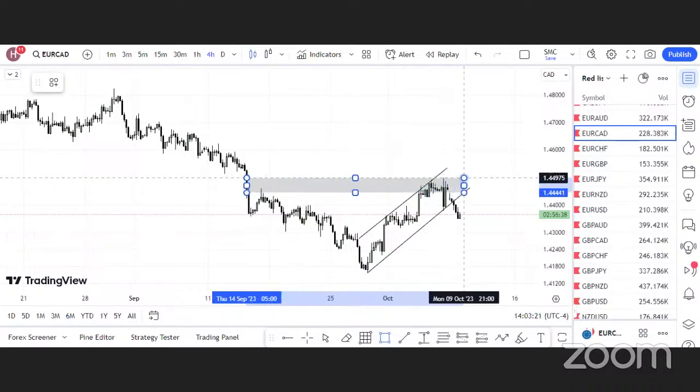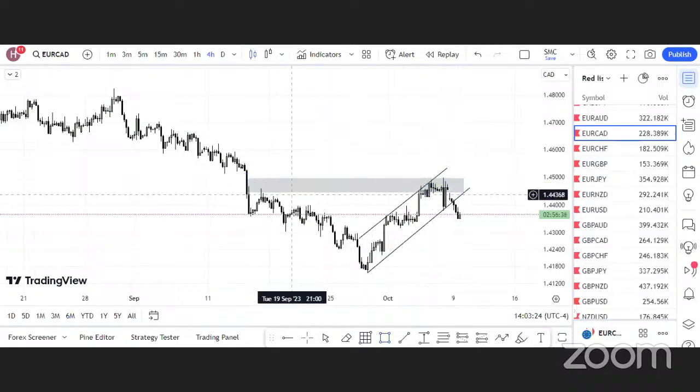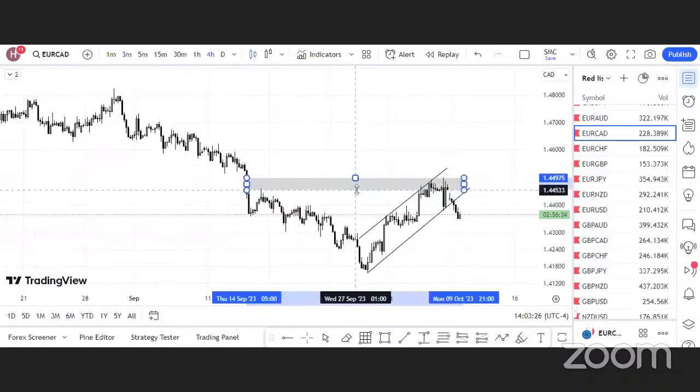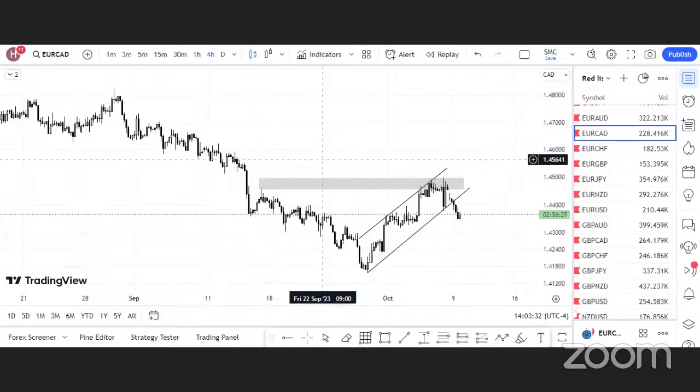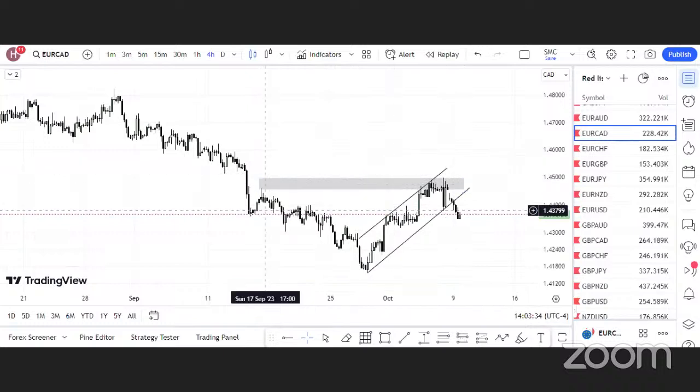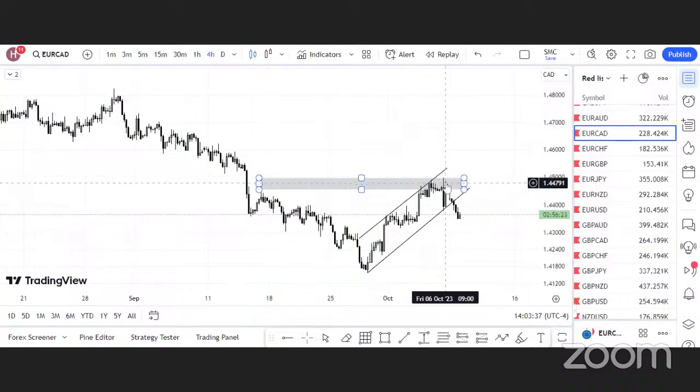This is a good rejection that happened previously, and it pushed this trade to the downside. But this is the 4-hour time frame.